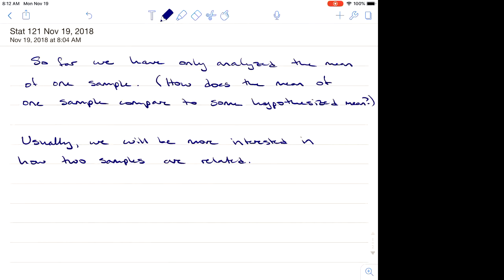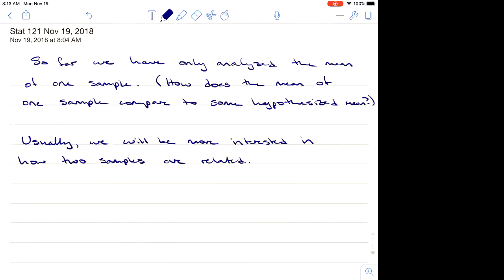So the first way is if I were to compare your test 1 score to your test 2 score, right? For each individual, now I have two observations for each individual, right? So we have to know how to deal with that. We call that a matched pairs situation, right? Because each individual has a pair of observations, okay? So that's our first situation.